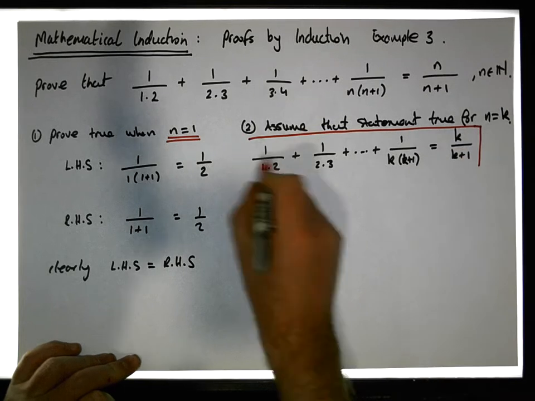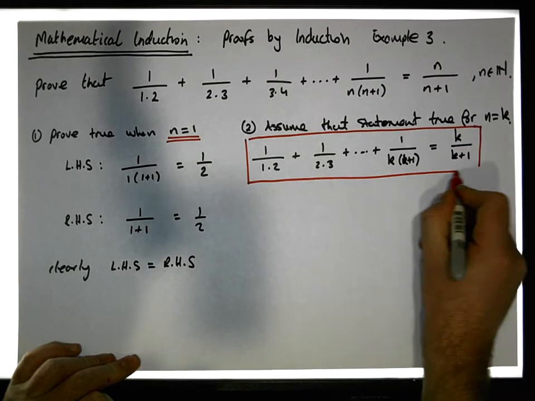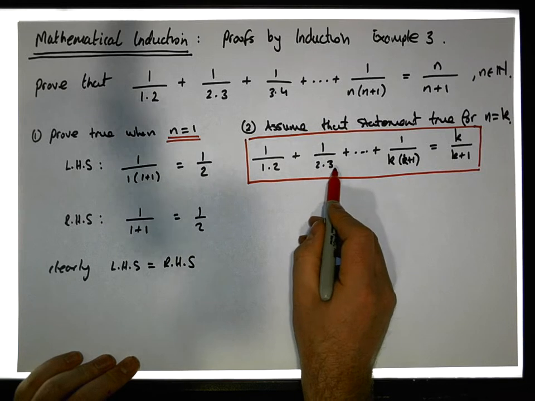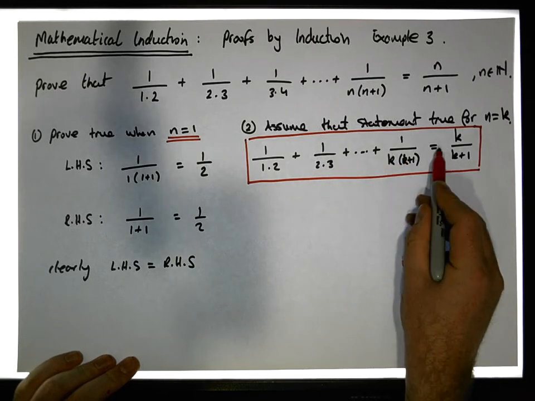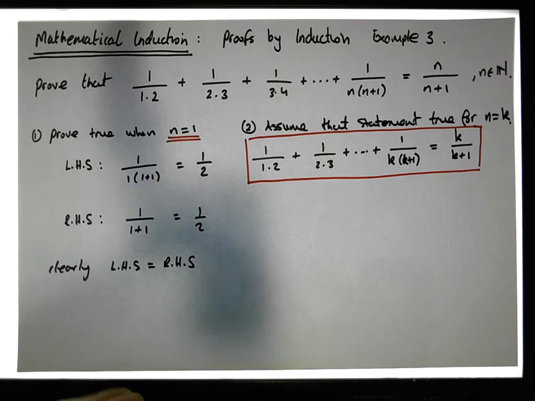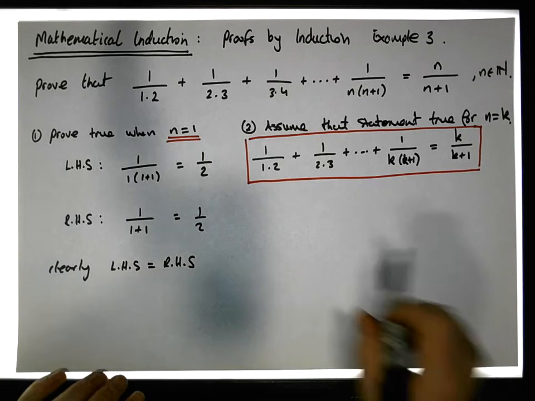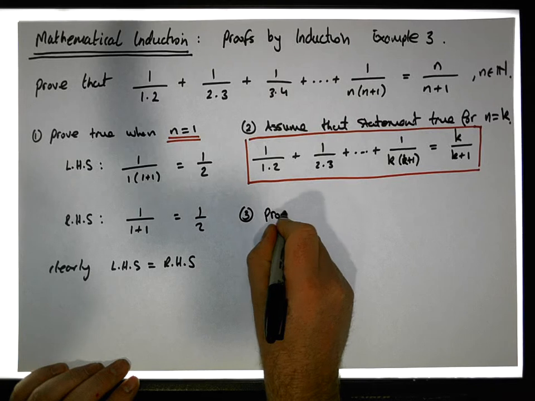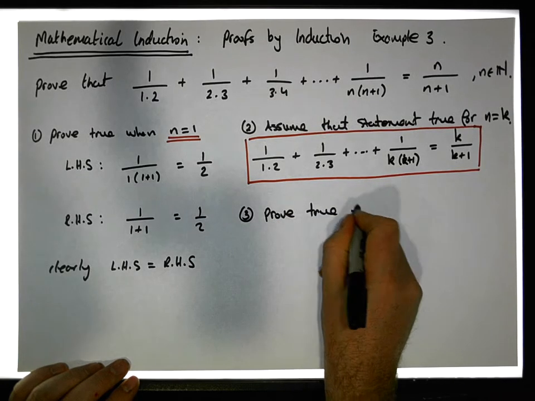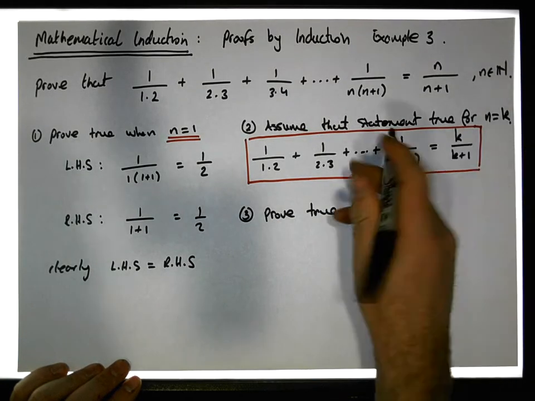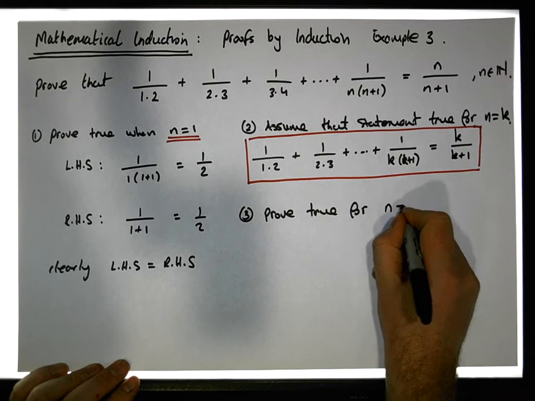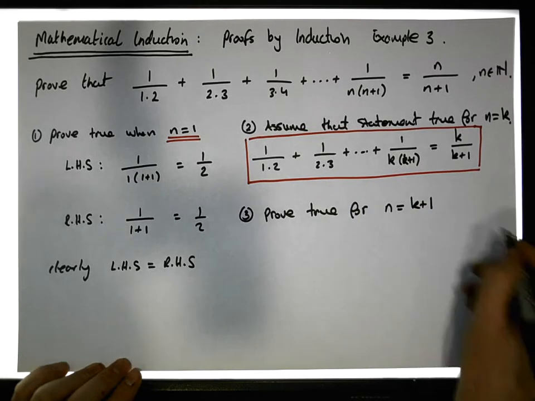We're just assuming it to be true, that 1 over 1 times 2 plus 1 over 2 times 3 plus all the way through to the kth term is actually equal to k over k plus 1. Okay? And then part 3 is we'd like to prove true for the next term in the series. So prove true for n is equal to k plus 1, the k plus 1th term.